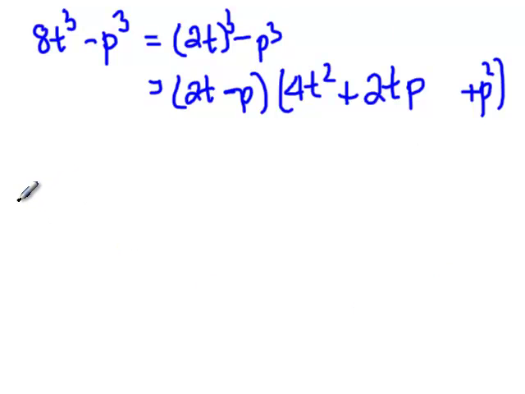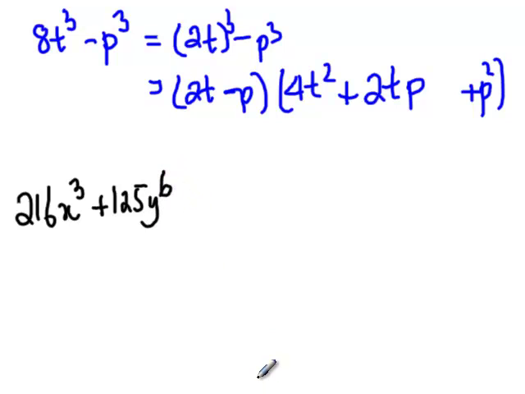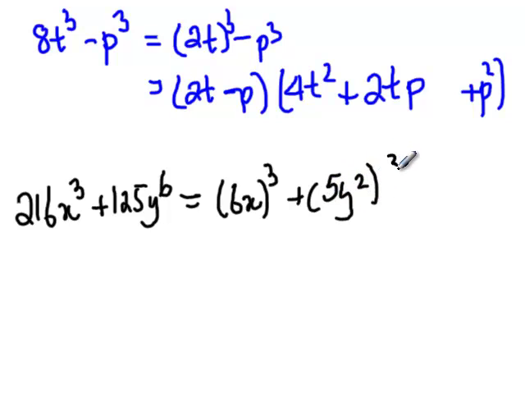Let's do one more. 216x cubed plus 125y to the sixth. Not too much harder. You can see we've got two cubes there. That's (6x) all cubed plus (5y squared) all cubed. When we fix that up, we're going to get 6x.